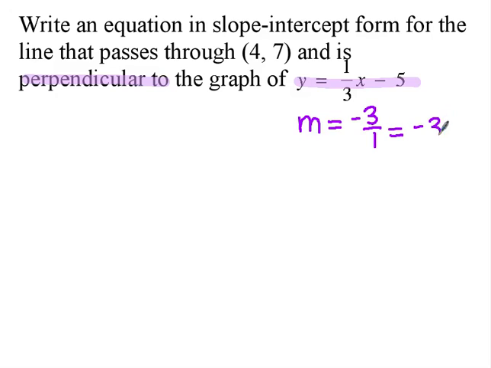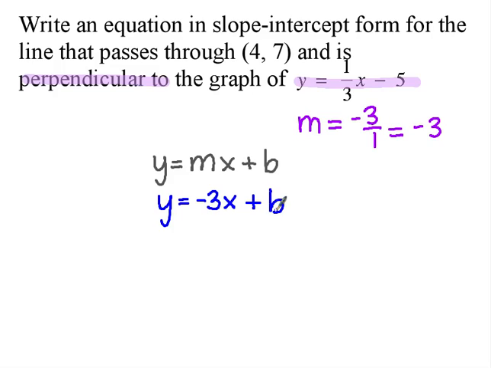So the slope here will be -3. So this says slope-intercept form, so I'm going to go ahead and start with y equals mx plus b. And what am I going to substitute in? Yep, good. y equals -3x plus b.